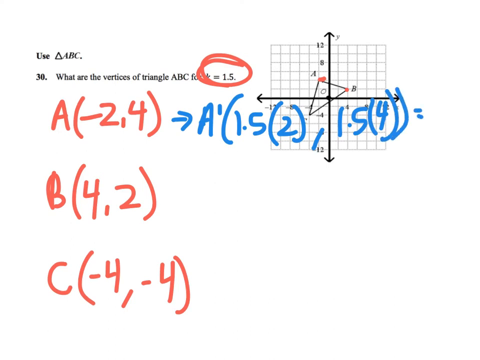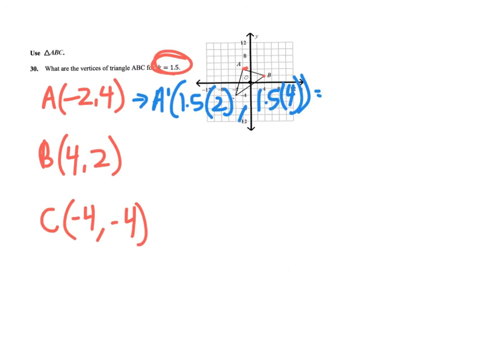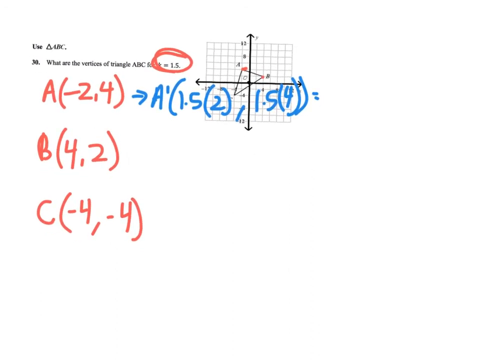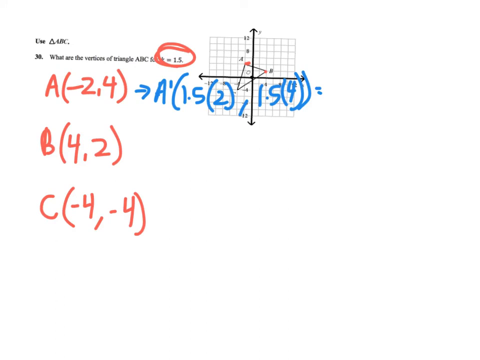That is something that I would put in my calculator to figure out, mostly because my brain is not mathing very well currently. So for my first one, A prime equals, again we're doing 1.5 times -2, which is -3, comma, and then 1.5 times 4, which is 6.